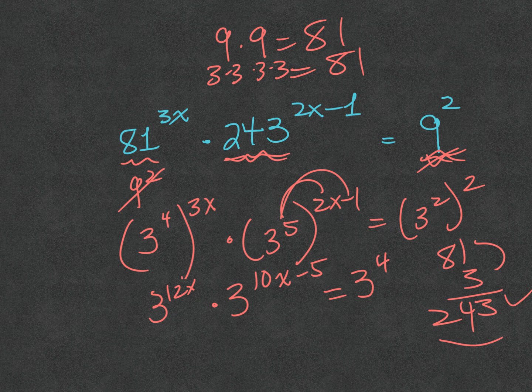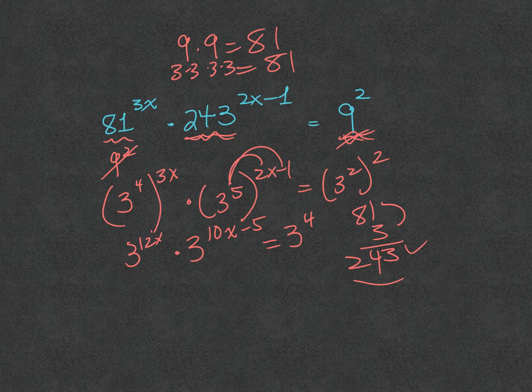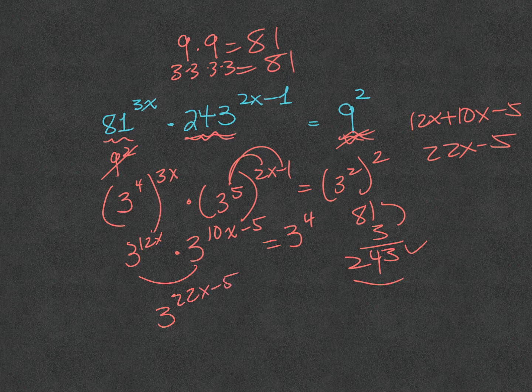Good? Then, let's combine using the product rule. We remember the bases are the same, so I'm allowed to add the exponents. So it's 12x plus 10x minus 5, so 22x minus 5 equals 3 to the power of 4. Again, boom, we have our two bases that are the same.